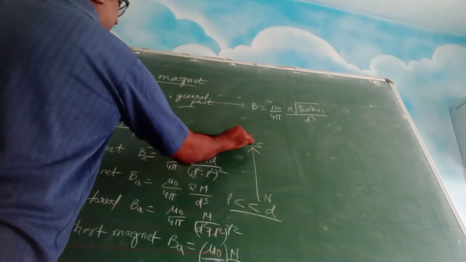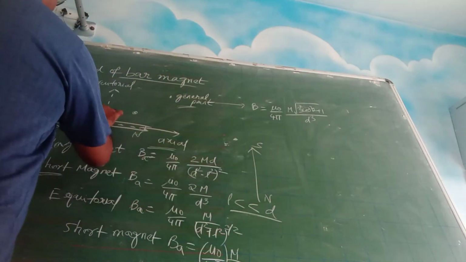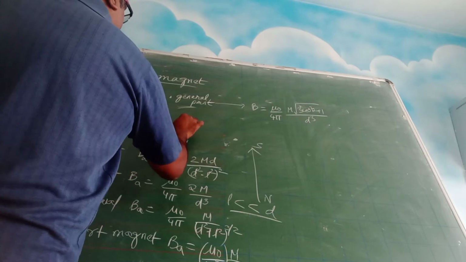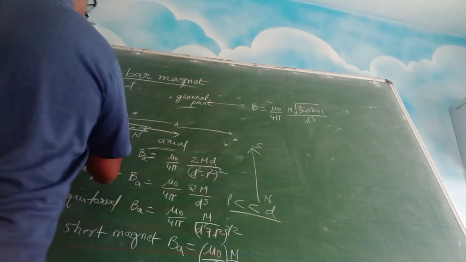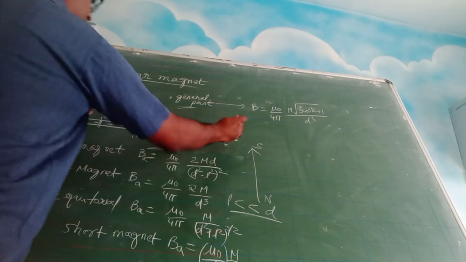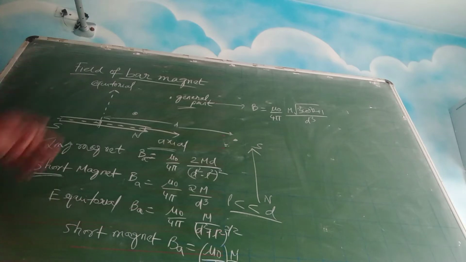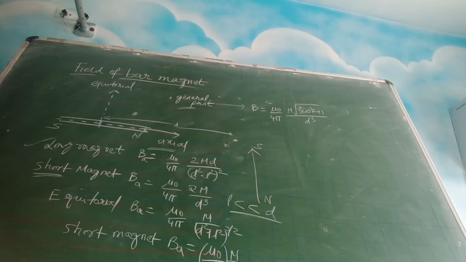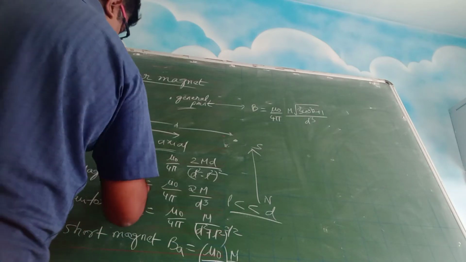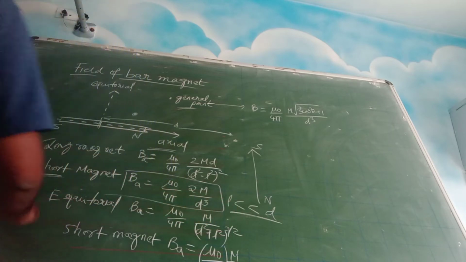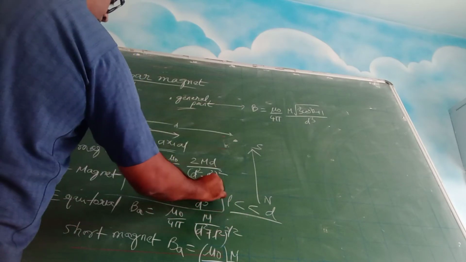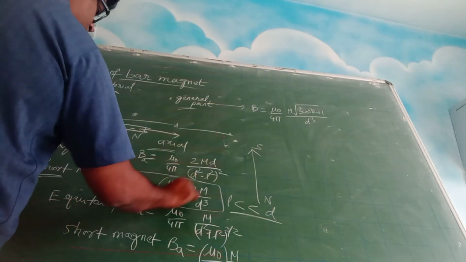That means you want to find the field somewhere here, let us say, and this is the d distance. When you compare it with the length, let us say d is 1 meter and the length of the magnet is only 10 centimeters. So d is quite big. There your formula becomes B_A is equal to mu naught by 4 pi, 2 m by d cube. You can remember mu naught by 4 pi as a constant.